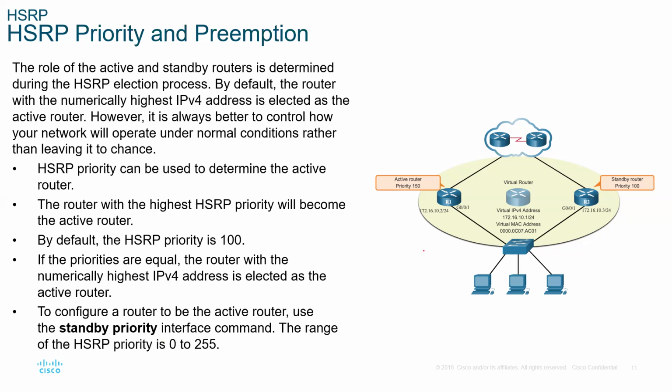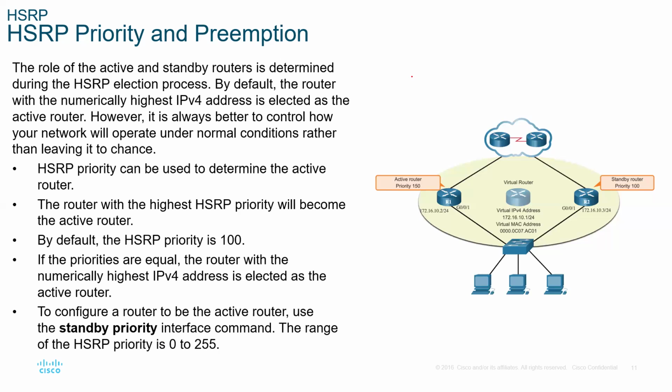Like in a production network, it's not always wise to say the router with the highest IP by default becomes the active router, because the router with the highest IP may not be the most powerful router in your network.